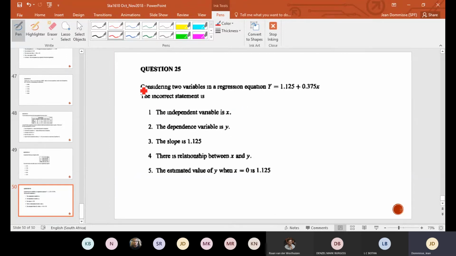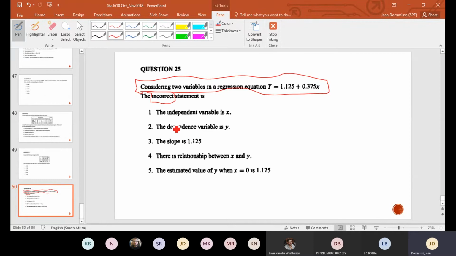So the formula was exactly the same as in the May-June paper. What they do ask us is to work out what is the incorrect one.